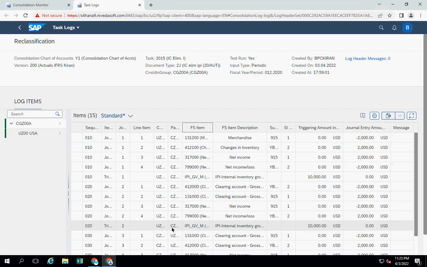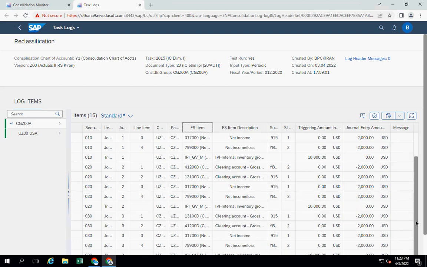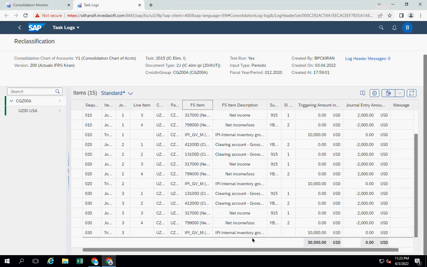US to Canada, buyer books only. Whatever is posted here, positive 2,000 here, negative 2,000 here, that earnings effect is reversed and the amounts are posted to the clearing account. And in the third sequence, 30, the same 10,000 is taken, but these amounts are posted in the Canada books, the seller books.